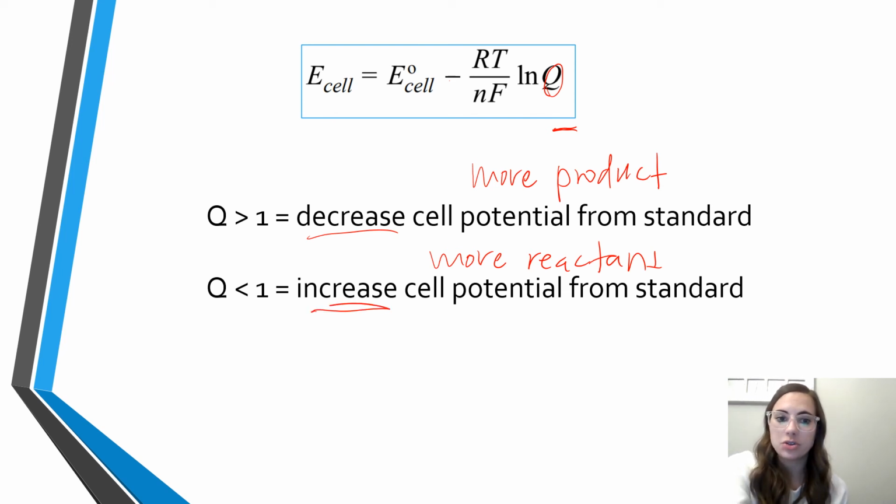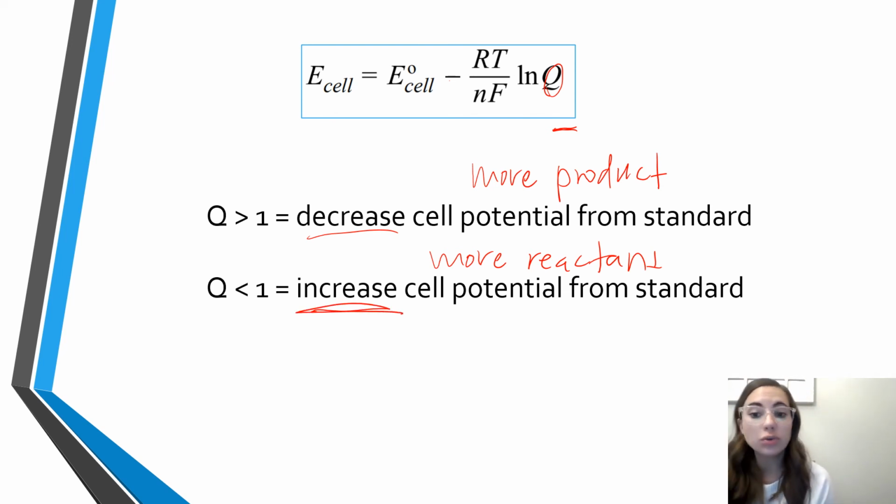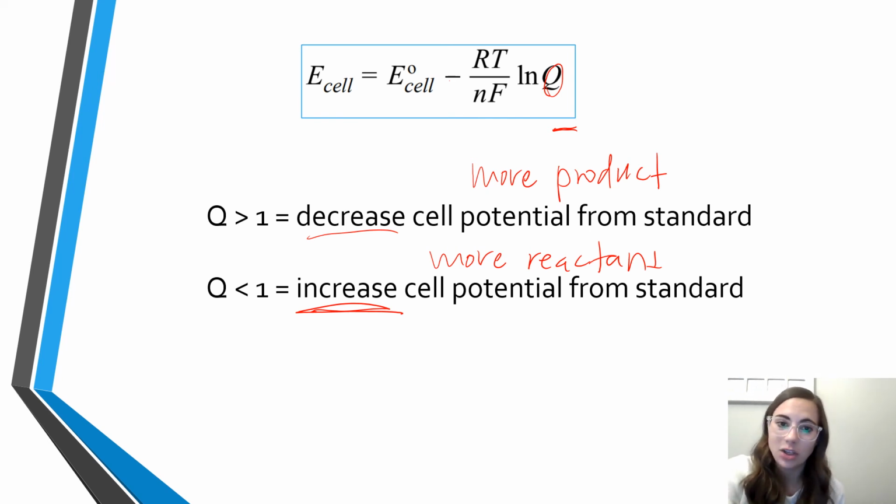And so the cell potential is going to increase. So you could have a question that just asks you, instead of actually to calculate it, will the cell potential increase or decrease? Explain. And you can say, because Q is greater than 1, it will decrease. And so that's using the Nernst equation to figure that out.